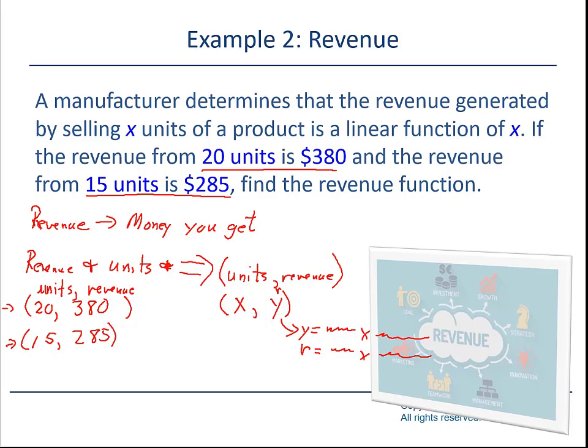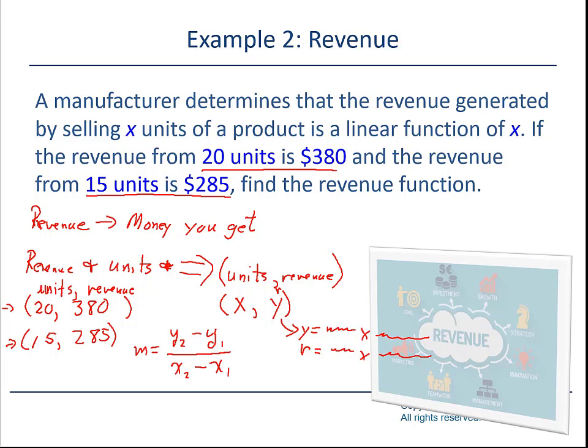First of all, we could use those to create the slope. This is a good reminder of how we calculate the slope. Take the second y coordinate minus the first y coordinate, divided by the second x coordinate minus the first x coordinate.